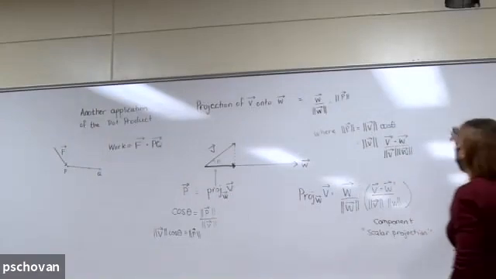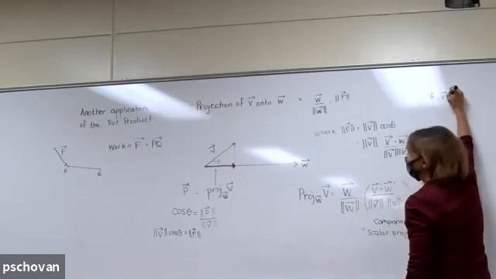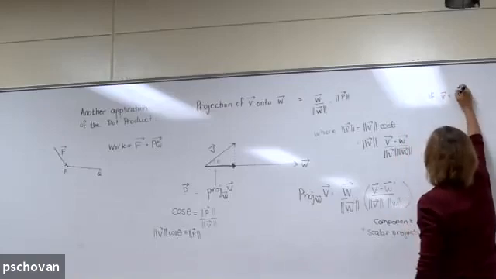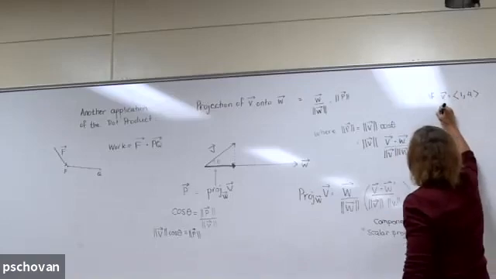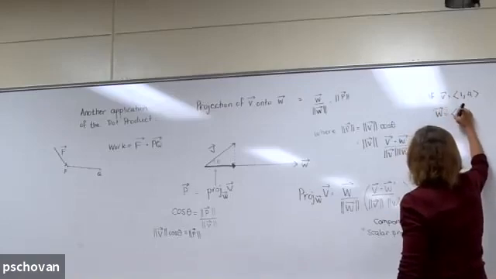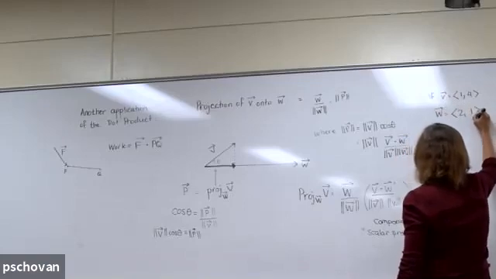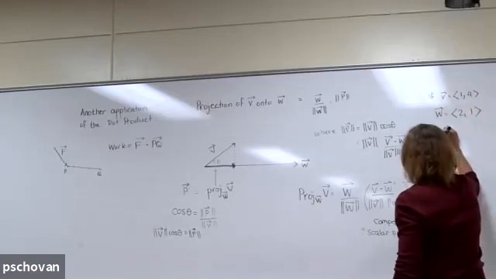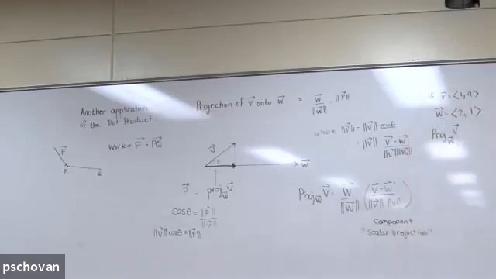And so if we go back to our 2 vectors, it looks like I erased them, so let's just make 2 new ones. V has components 1, 4, and W has components 2, 1, then the projection of vector V onto vector W is quickly calculated.